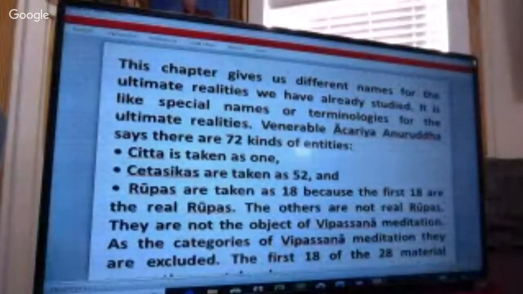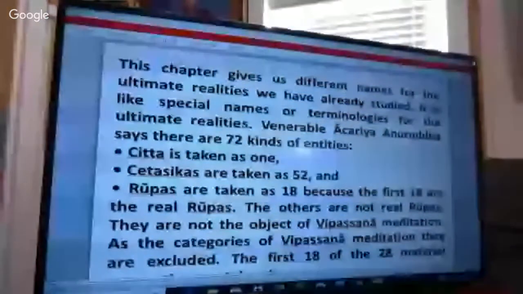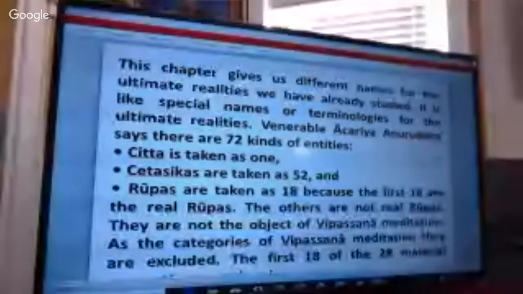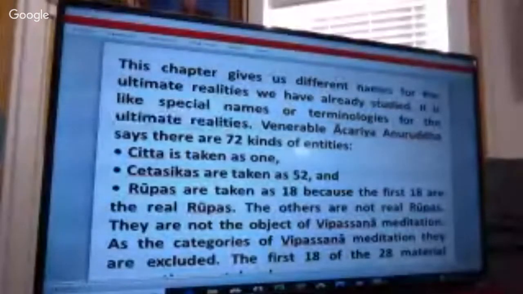Because lobha, the attachment, governs the mind, that mind we call lobha mula citta. When anger controls the mind, that mind we call anger rooted consciousness. But whether attachment rooted or anger rooted consciousness, that mind is knowing the object.